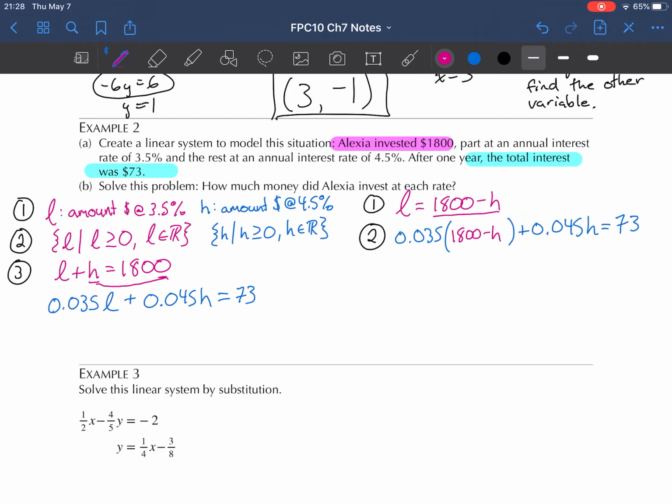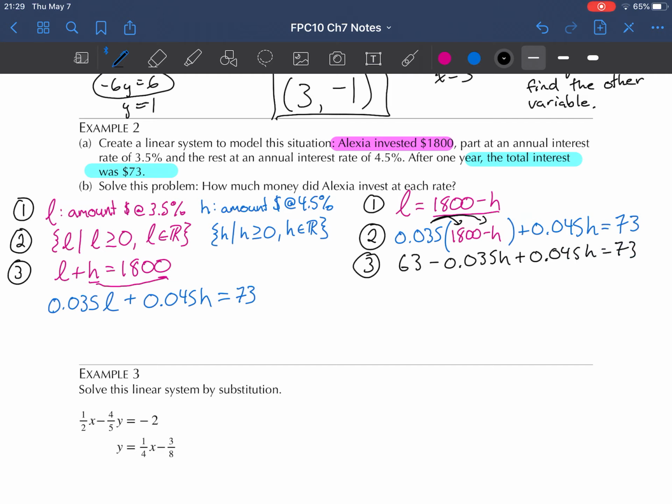Now I solve for my variables. So we're on step 3. We're going to solve for my variable H. To do that, I multiply in the 0.035. Now I need a calculator for this one. 0.035 times 1,800 is equal to 63. So you get 63 minus 0.035H plus 0.045H equals 73.